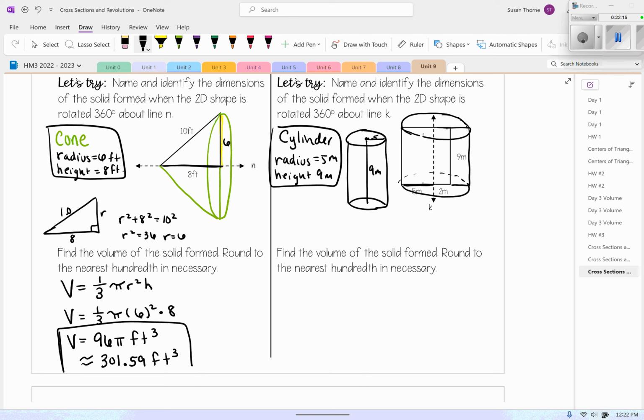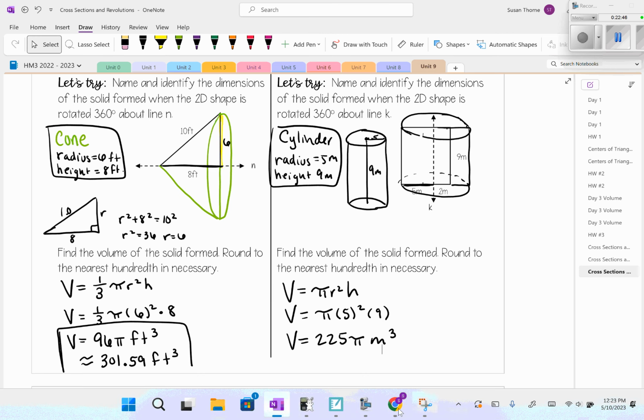Find the volume of the solid form, rounding to the nearest hundredth if necessary. The volume of a cylinder is the base times the height. The base is circular, so the area of the base is pi r squared, times h, which is the height. So the volume equals pi times 5 squared times 9. That gives us 225 pi cubic meters.